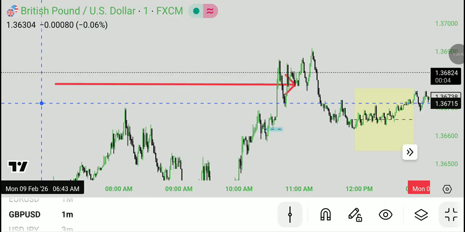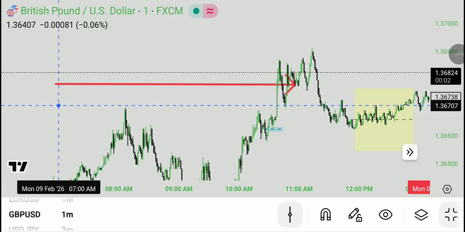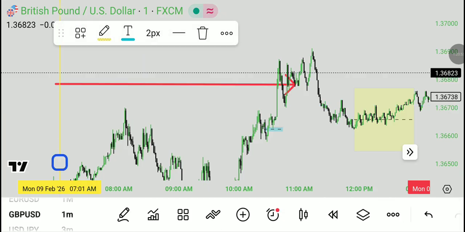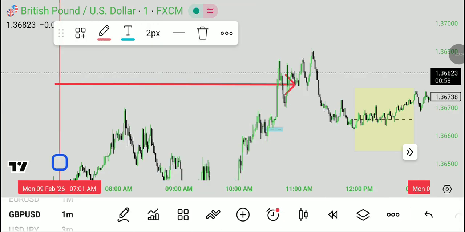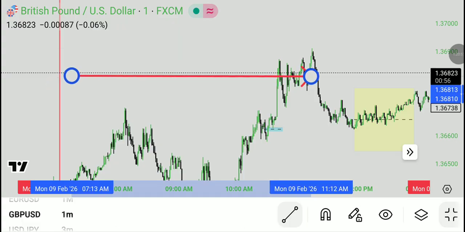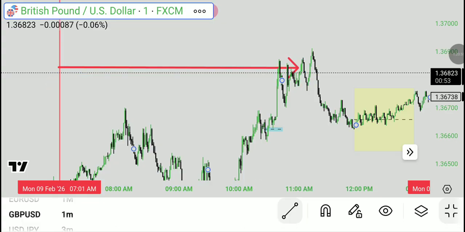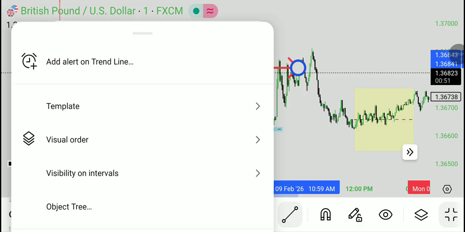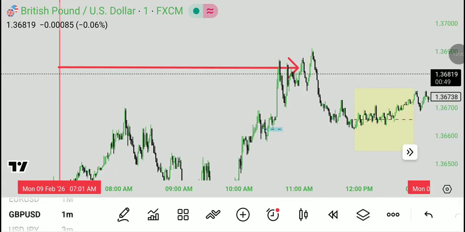We start from 7 o'clock a.m. New York time. My color is always this for 7 o'clock a.m. You can use whichever color you want, but my color is this.